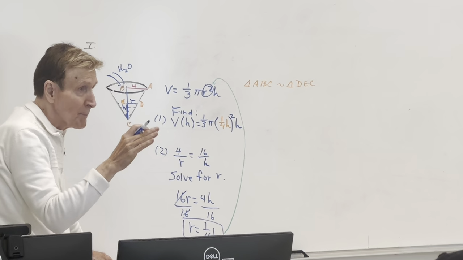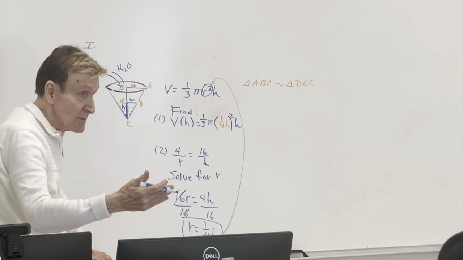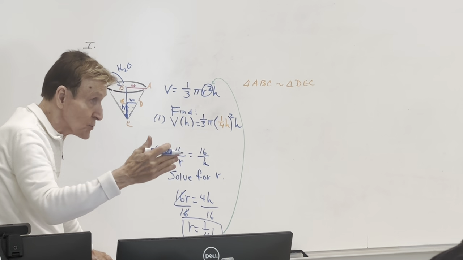I'm not worried about the pi; pi's a constant. It's those variables. Everything is in terms of H now. That's what they want. They want V of H, which I do have.